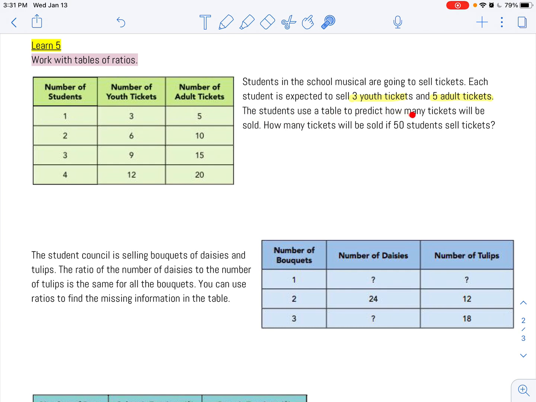The students use a table to predict how many tickets will be sold. So, we have to figure out how many tickets will be sold if 50 students sell tickets. So, we're trying to figure out if the number of students is 50, what would be the number of youth tickets, and how many adult tickets would they sell.